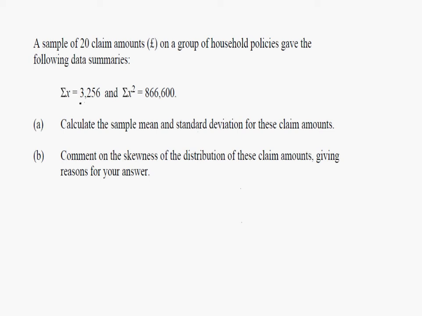And when we squared the values and found the sum of those squares, it was 866,600. Now calculate the sample mean and sample standard deviation for these claim amounts, and also comment on the skewness of these claim amounts, giving a reason for your answer.